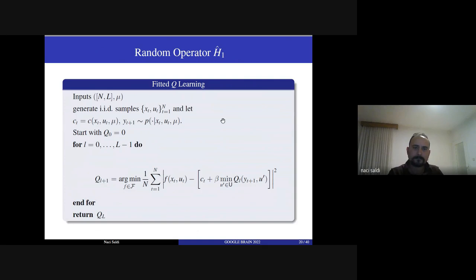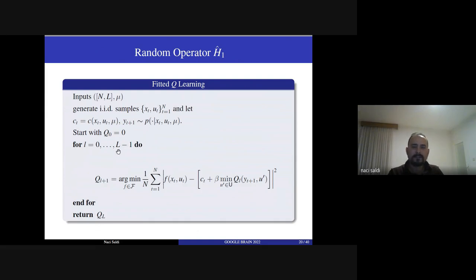Then using these samples, we first obtain the corresponding cost function, and then we simulate our dynamics at these state-action pairs, and we get a new state variable.